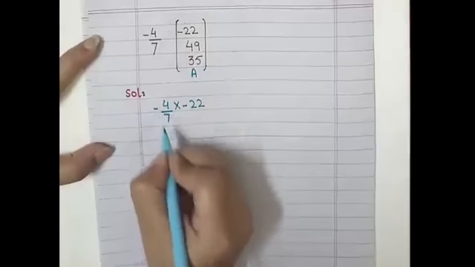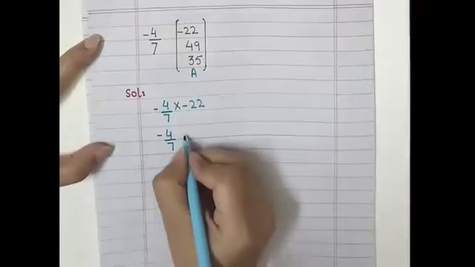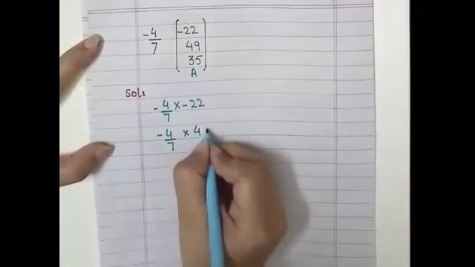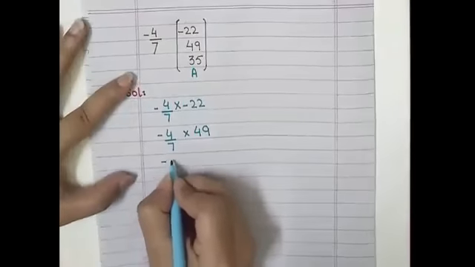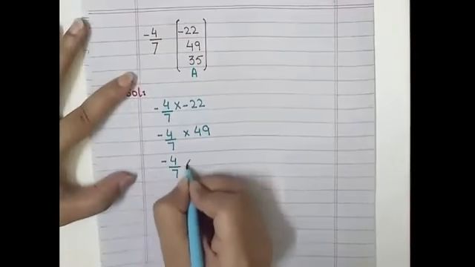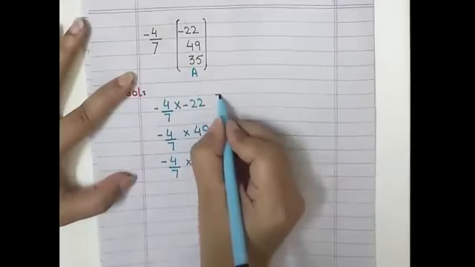Then multiply minus 4 over 7 with the second term of the column, which is 49. Lastly, multiply minus 4 over 7 with the last term of the column, which is 35.